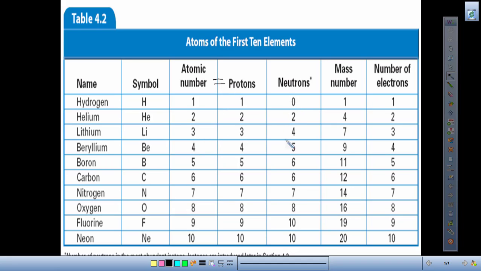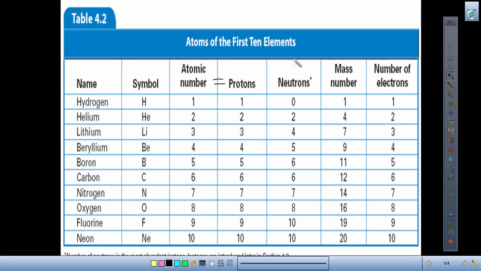Now my neutrons are going up. They're close to a 1-to-1 ratio, but not always. And we'll talk more about these later. Let's skip mass number for now, but you see that's going up as well. And the other thing we can look at is electrons, which you see I go from 1 to 10.